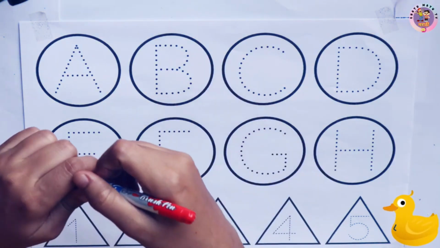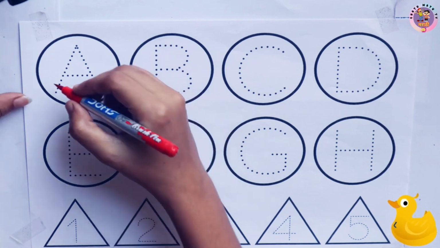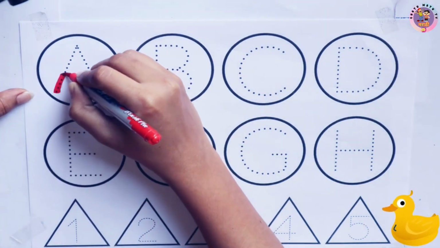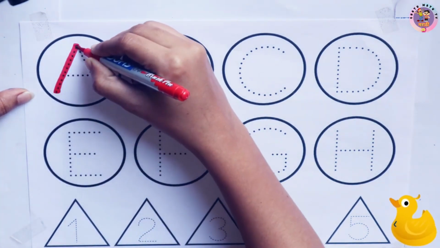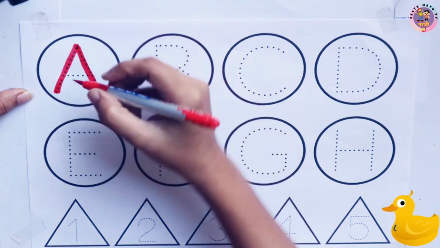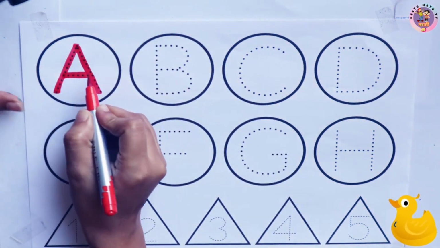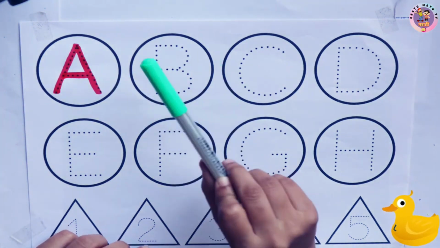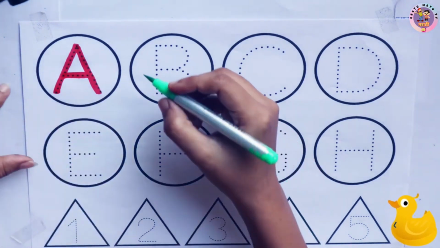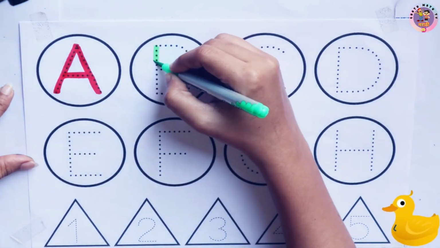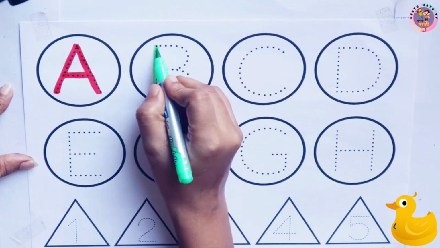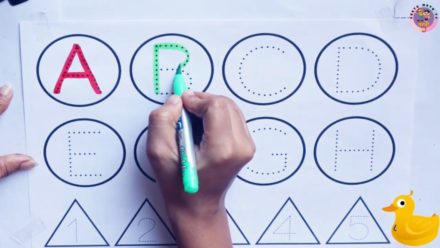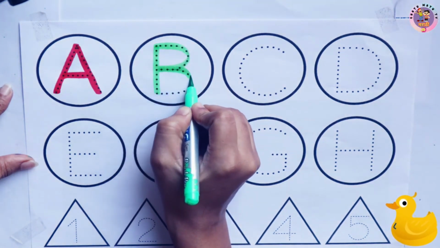Red. A for apple. Light green. B for banana.